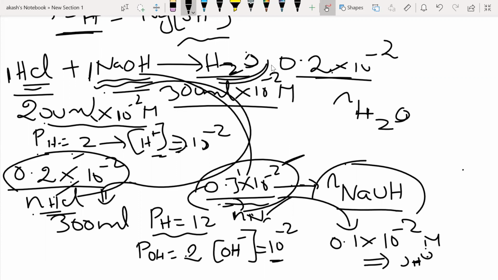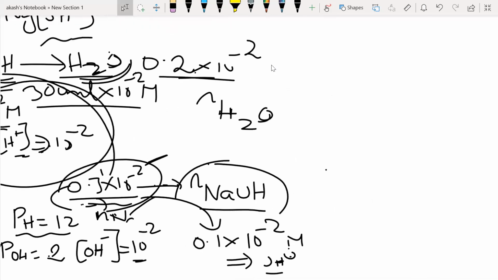So this much amount of OH minus is remaining. I have found out the number of moles of OH minus remaining. Now I can find the concentration of OH minus. How do I find concentration? Molarity is equal to number of moles divided by volume.